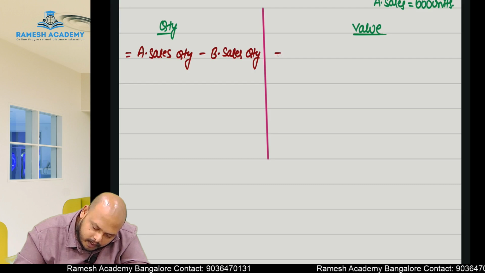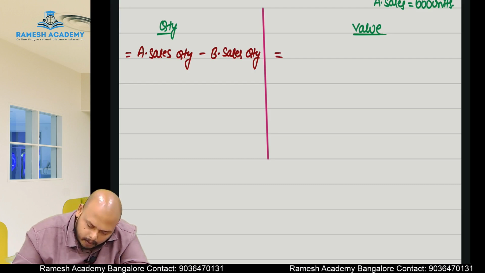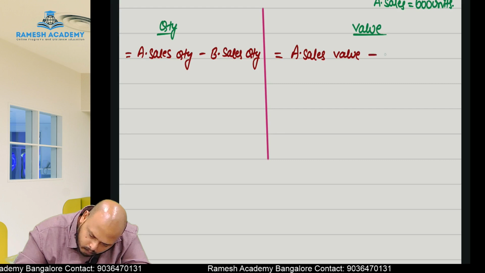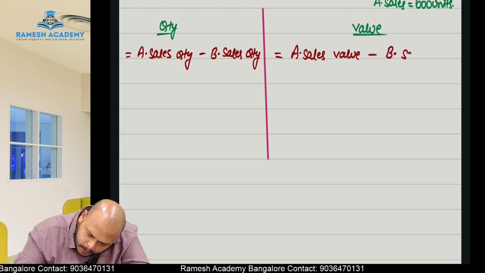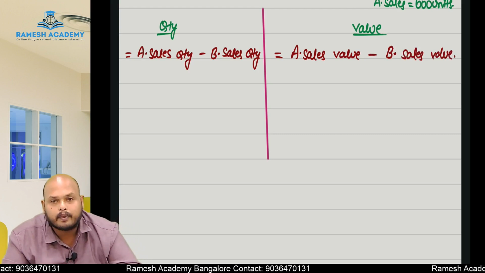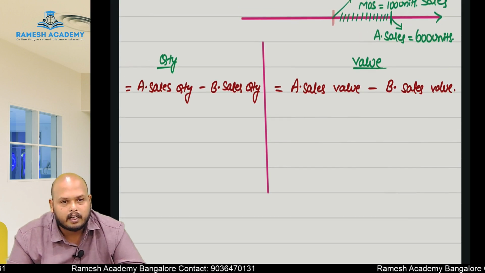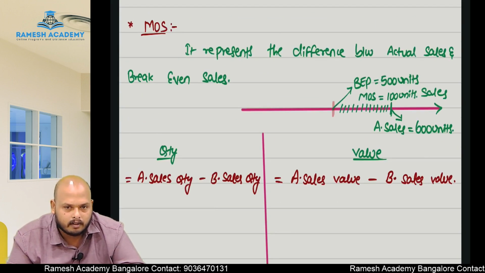Margin of safety value is equals to actual sales value minus break-even sales value. That is called margin of safety.